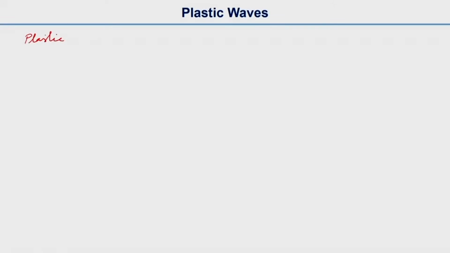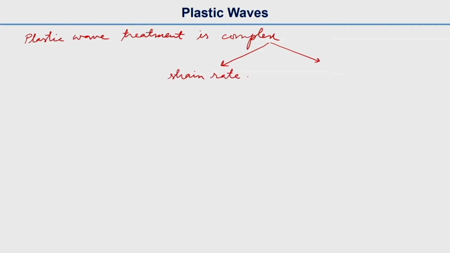Plastic wave treatment is more complex than the elastic wave due to, first thing, strain rate effects that we have just discussed, and effects of strain rate history, what we have just discussed.